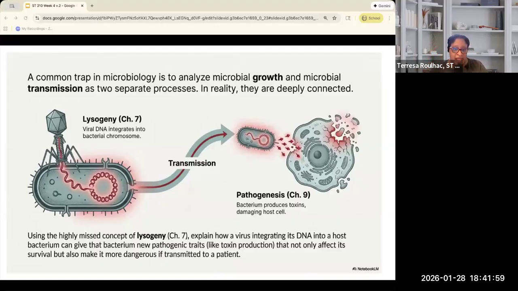If viral DNA becomes part of a bacterium's chromosome, we have to think: does that DNA disappear when the bacterium divides? What do you guys think? Just by looking at the image, do you think that original bacterium was like, peace out, I'm gone? Or is it still there?